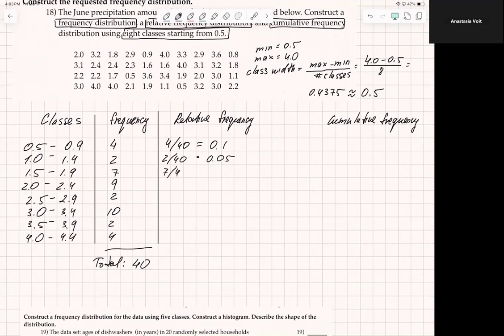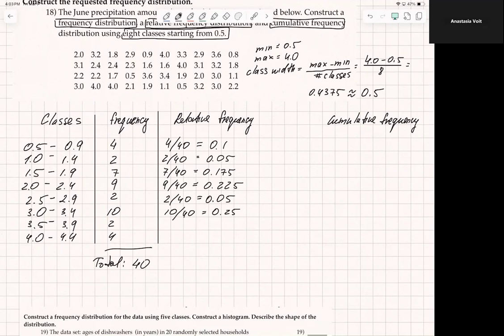And 7 divided by 40, which is 0.175. 9 divided by 40, that's going to be 0.225. Then 2 divided by 40, that is again 0.05. And 10 divided by 40, that's going to be 0.25.